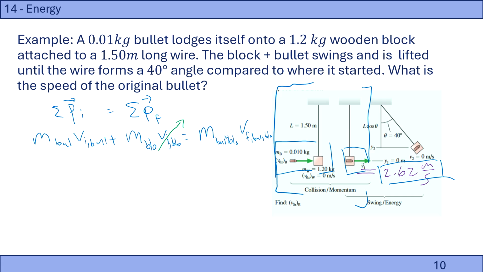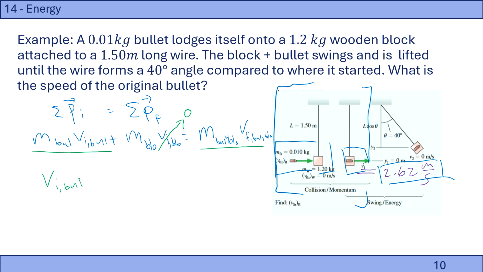Now, this part is pretty nice. Look at this. What's the initial velocity of the block? Well, it's just dangling there, so its initial velocity is 0. That part cancels out, and so we're left with just m v of the initial bullet equals m v of the final bullet plus block, and we're looking for v_i of the bullet.